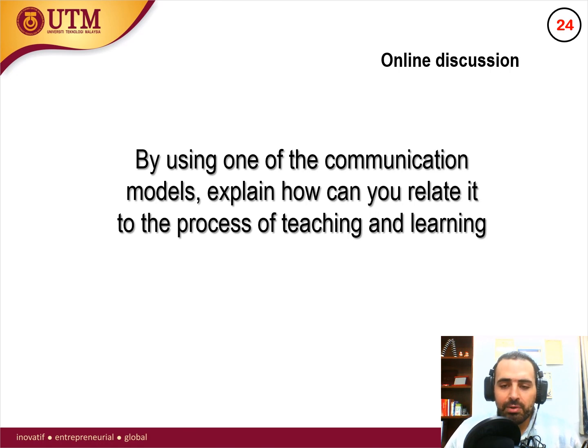For example, I want to use the Shannon-Weaver model, and Shannon has 6 or 7 elements in his model. So what I want to do is divide the model and relate it to myself.